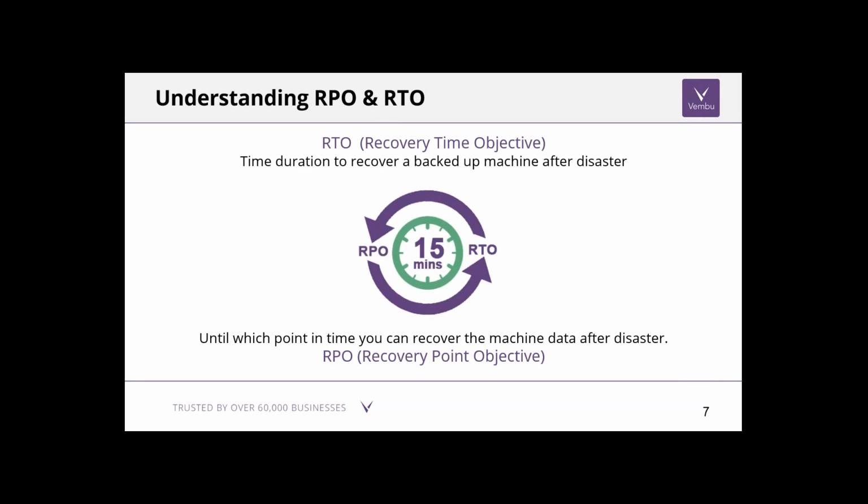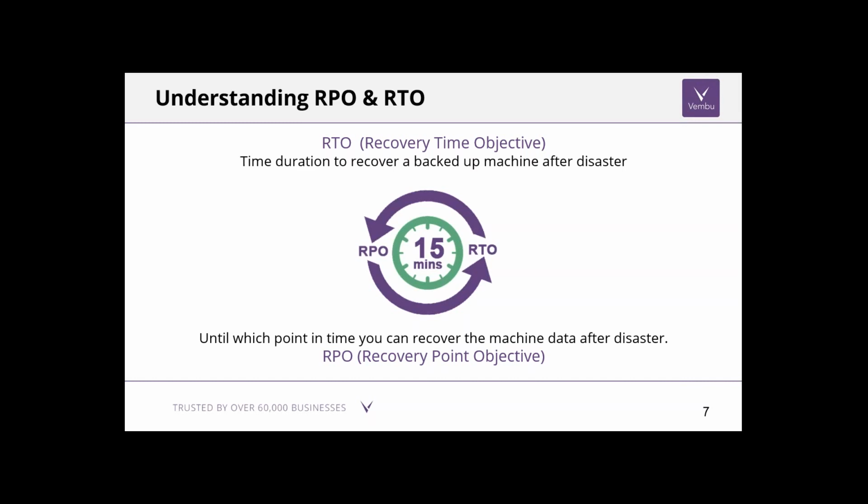Before we get into these types of questions, we should be aware of what RPO and RTO are. Recovery time objective is how fast you can actually recover a backed up machine, whether virtual or physical. Vembu provides you an option to boot the machine instantly, within less than a minute, but we promise an industry standard of less than 50 minutes RTO for customers.